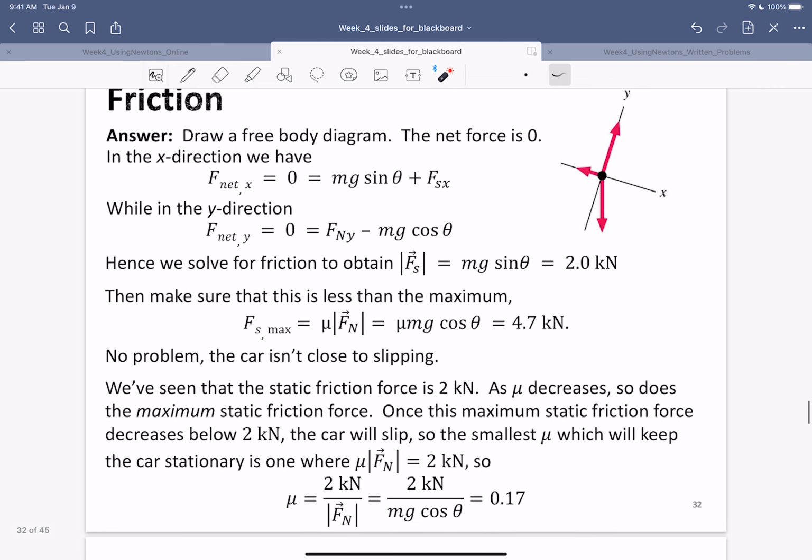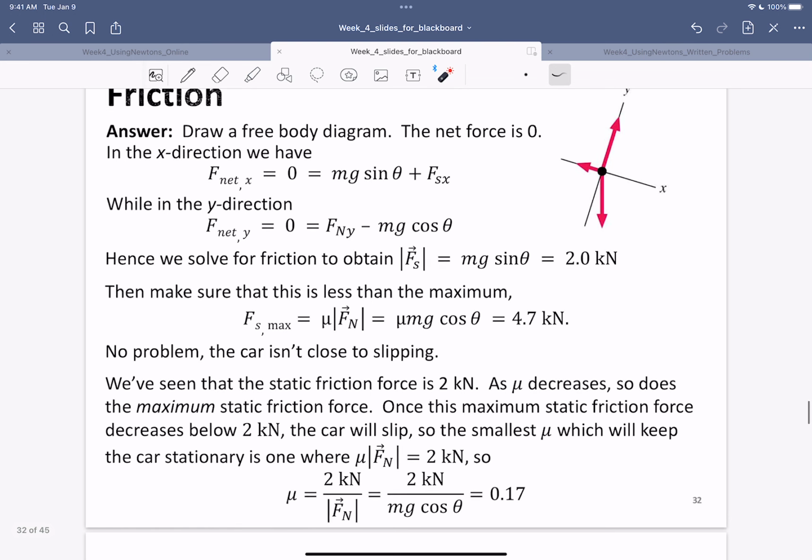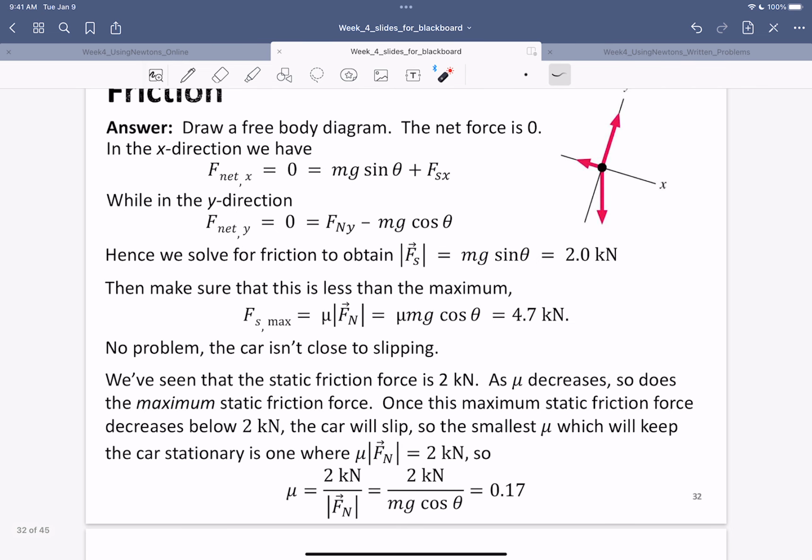Yeah. So I was saying right. So we've seen static friction force is 2 kilonewtons. As mu decreases, so does the maximum static friction force. So once this maximum static friction force decreases below 2 kilonewtons, the car will slip. So the smallest mu, which will keep the car stationary, is one where mu times Fn is equal to 2 kilonewtons.